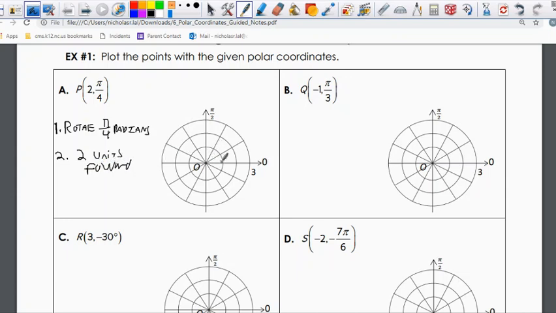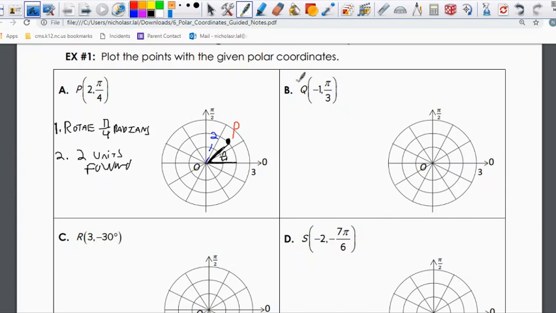So it'll be 1, 2. And this point would be P, which is (2, pi over 4). And that's because this angle right here is pi over 4 radians.